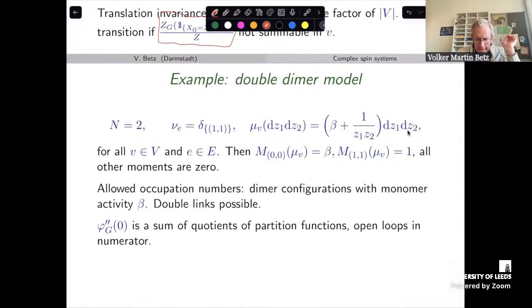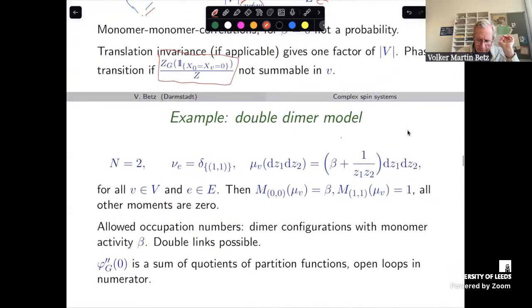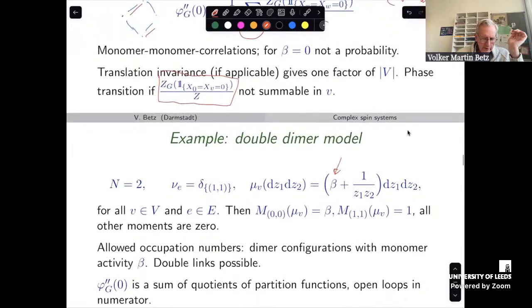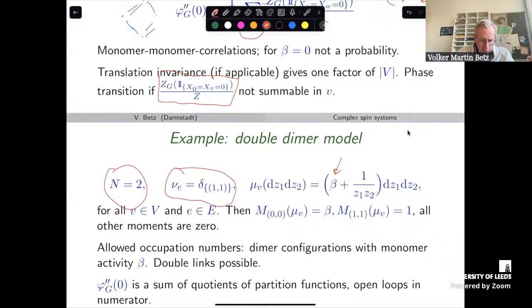And let's do the next example still. That's the double dimer. The double dimer, especially for beta equals 0, is literally just the product of two dimers. So now you have two colors. You have the edge measure that allows two colors.